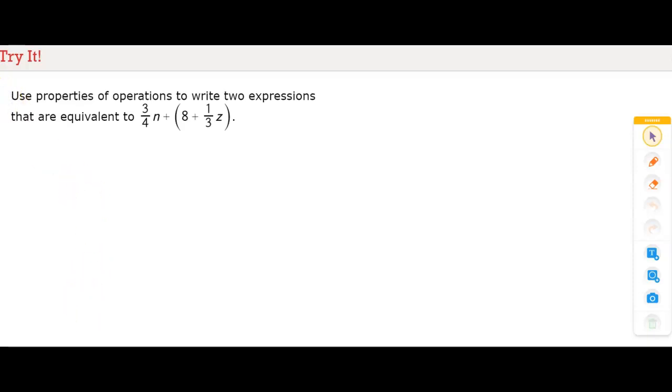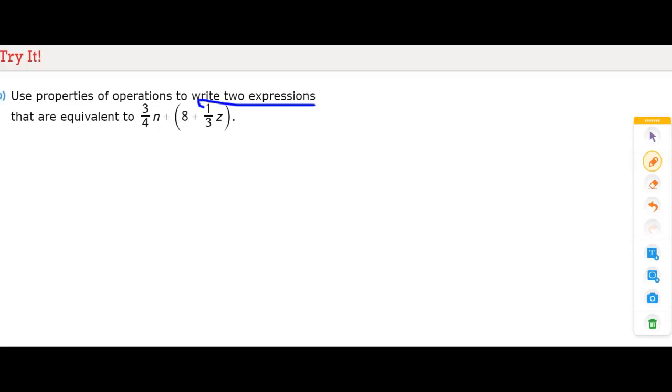Use properties of operations to write 2 expressions that are equivalent to 3/4 times n plus the quantity 8 plus 1/3 times z. So we're going to write 2 expressions using the properties of operations.